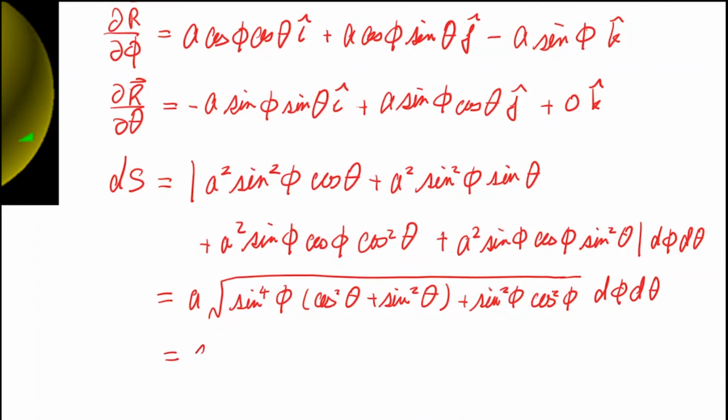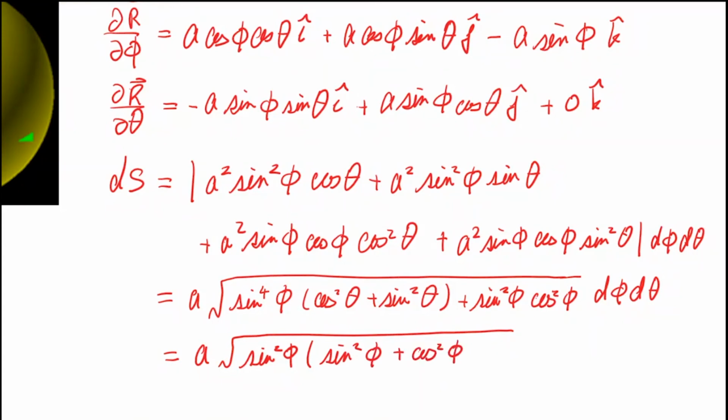Okay. Then this is just sine to the fourth power. So now sine squared is a common factor, so factor that out. So I'll have sine squared phi here, and then what's left here is sine squared phi plus cosine squared phi, which is beautiful.